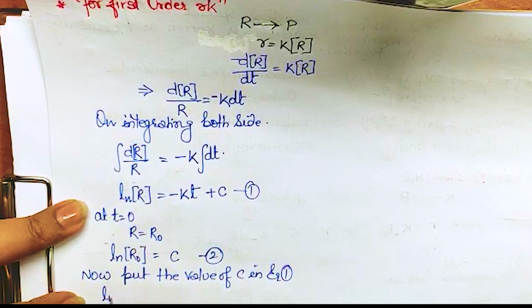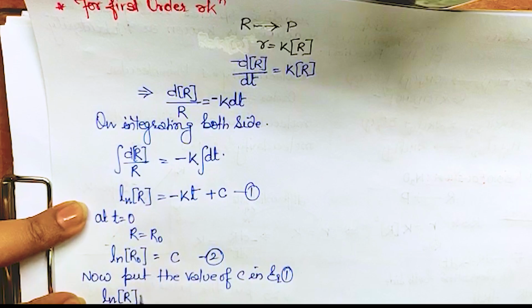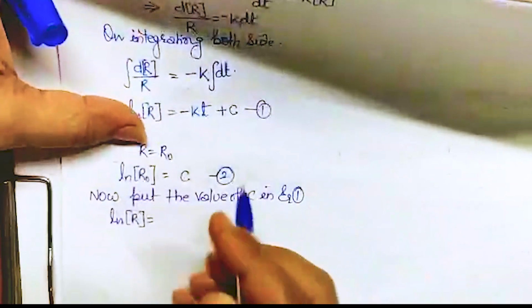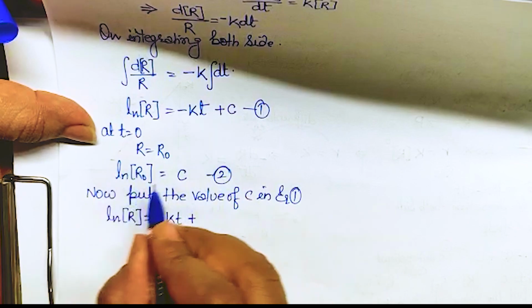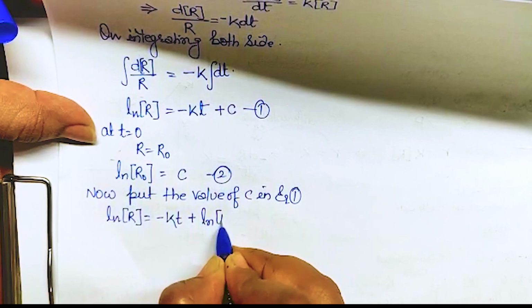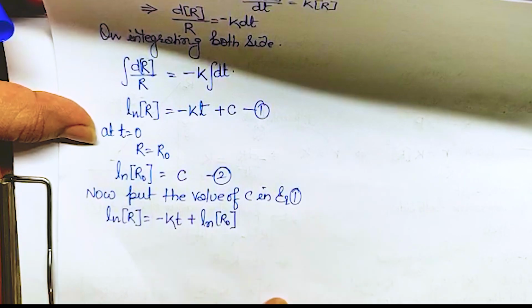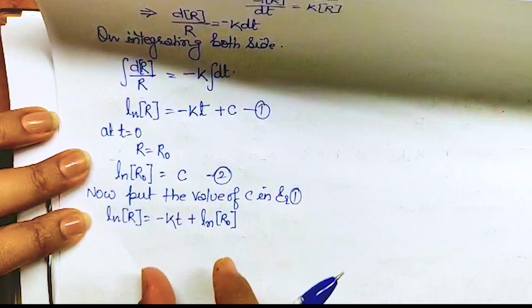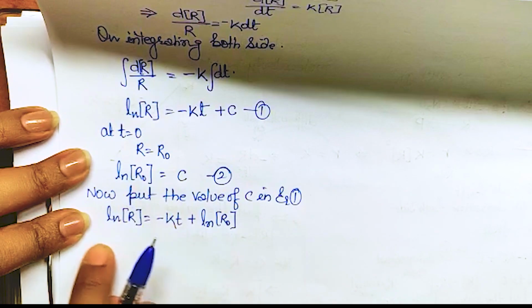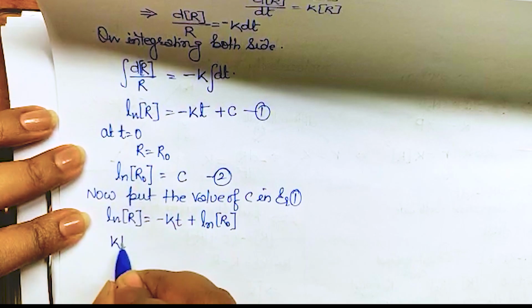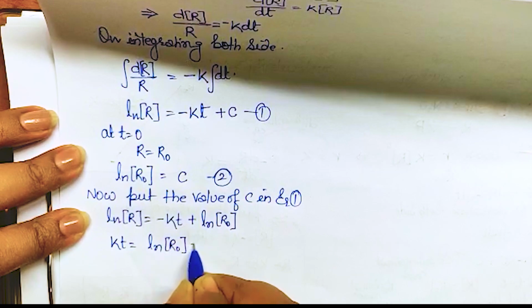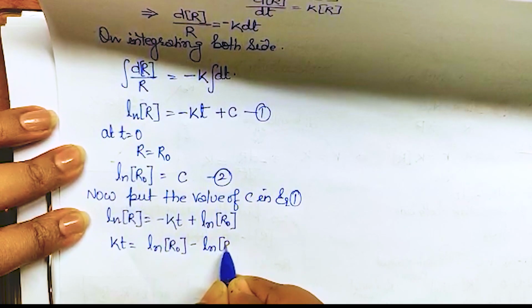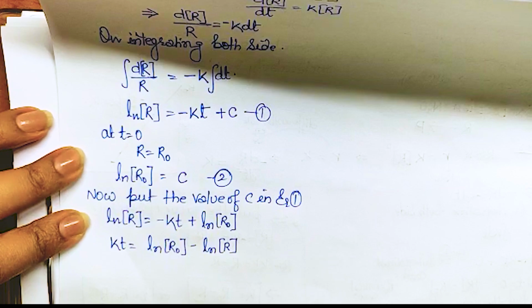So this will be ln R equals minus kt, or instead of c we will write ln R naught. Isn't it clear? Now let it be like this. kt will come on this side and this will be ln R naught minus ln R. Okay, can I write like this?